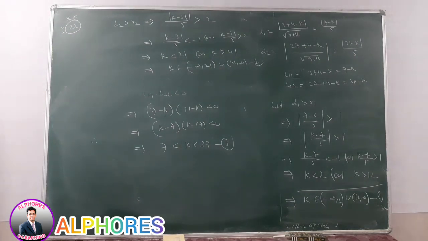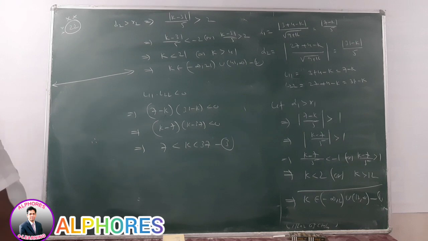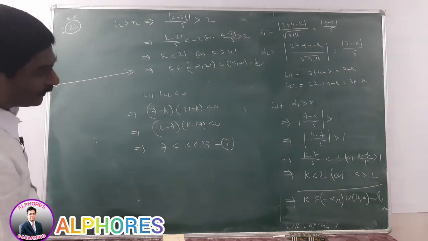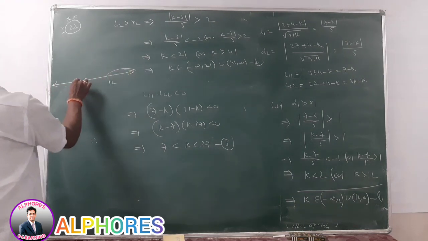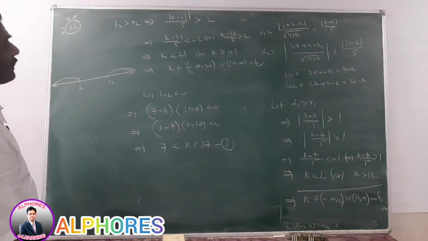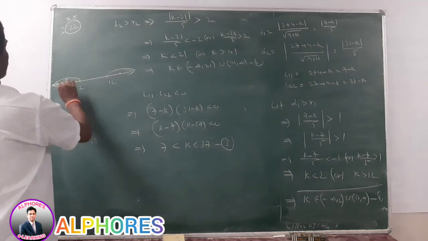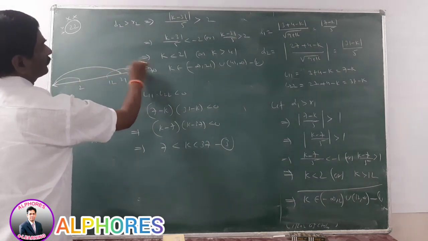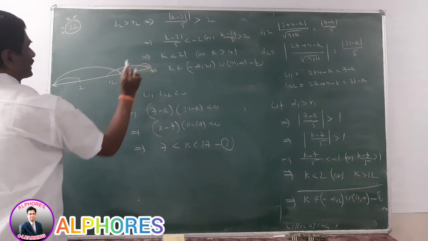Find the common solution of 1, 2, 3. First draw the number line. First equation: minus infinity to 2 union 12 to infinity. Next, the second one is minus infinity to 21 union 41 to infinity.